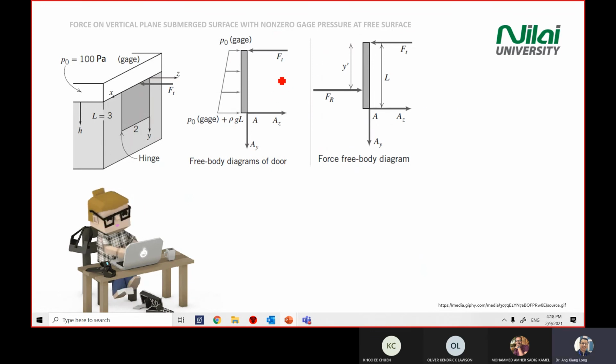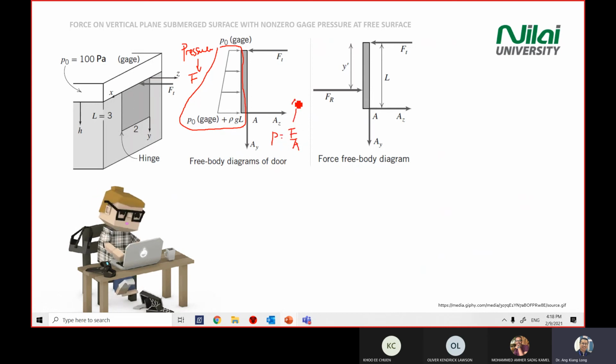Once we have the free body diagram, we convert the pressure portion into force. Again, recall what pressure is. Pressure is force divided by area. We want to focus on force, so force equals pressure times area. We want to find our FR, the resultant force, and our location, Y prime.